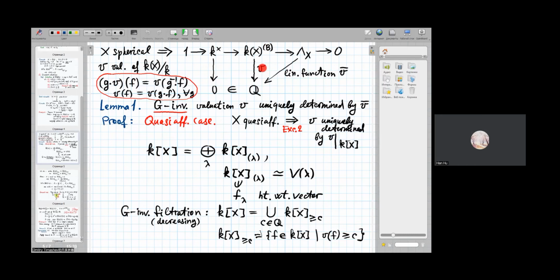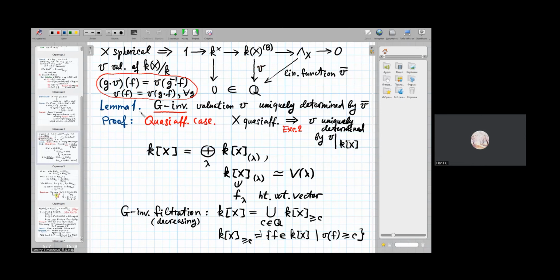What I'm interested in is which kind of V bars we get from G invariant valuations. And this I will describe on the next lecture: the set of those V bars coming from G invariant valuations V. This will come on the next lecture.